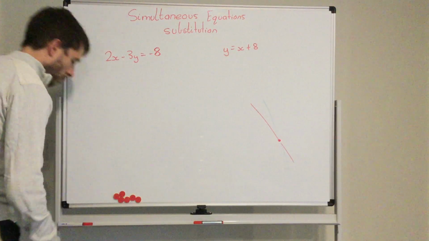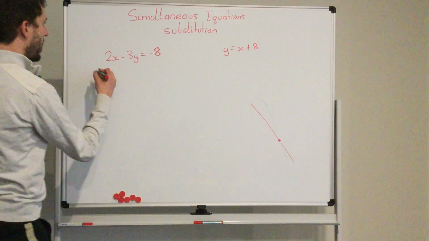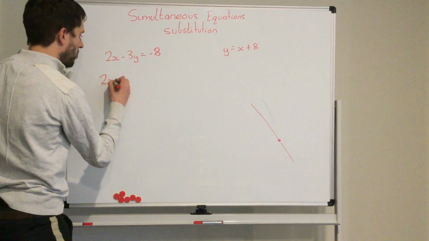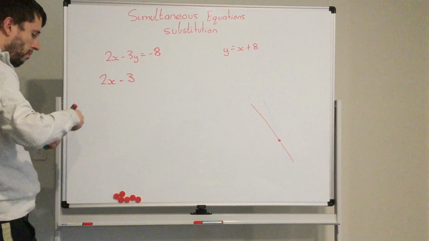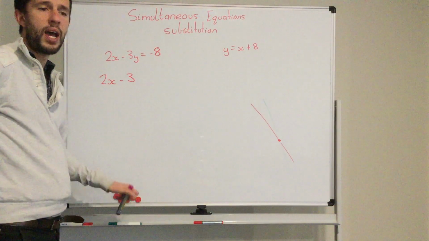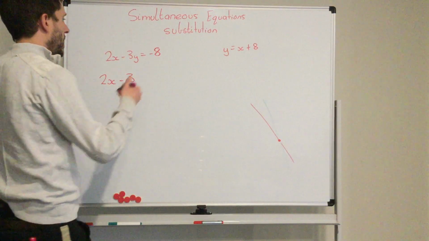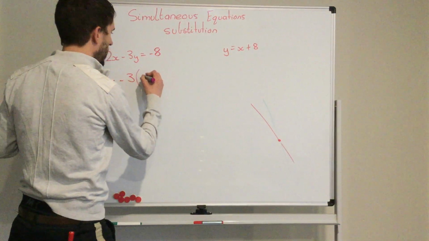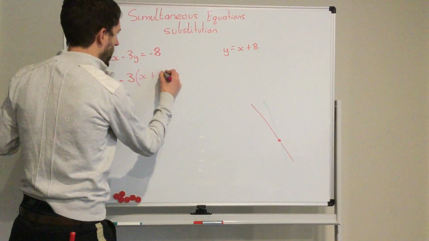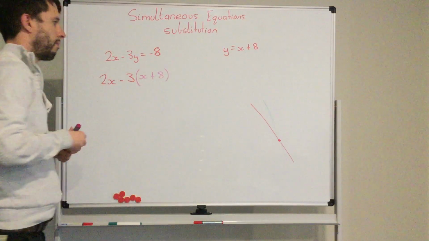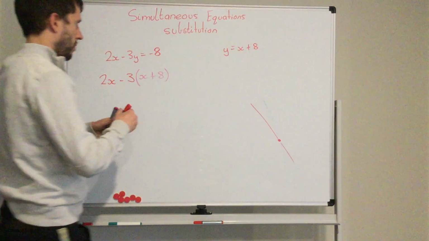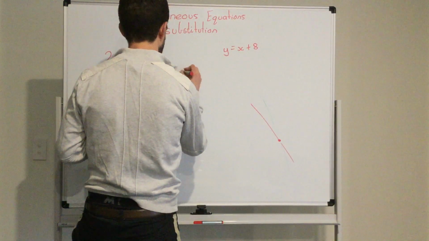So I'm going to write 2x, take 3. Now, where I have that, I've got x plus 8 equals negative 8.